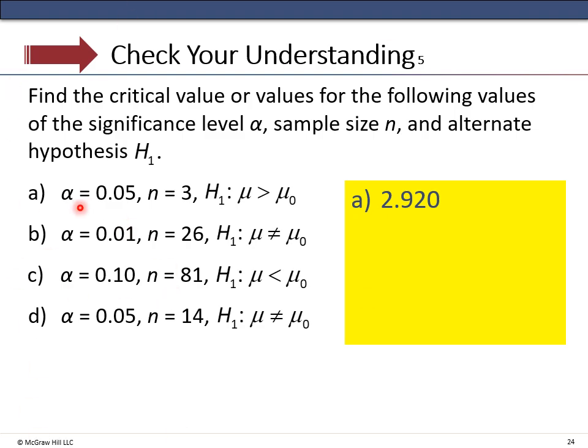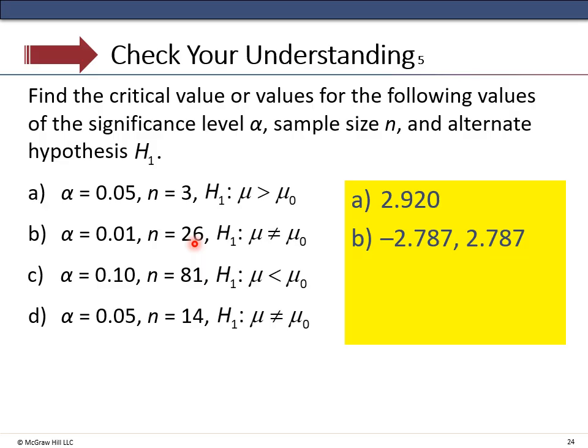Remember here, we're going to have n equals 26, so we're going to go to degrees of freedom equals 25. We have 0.01. What did I say? 25. Our n is 25. We don't go over to 0.01 because this is two-tailed.